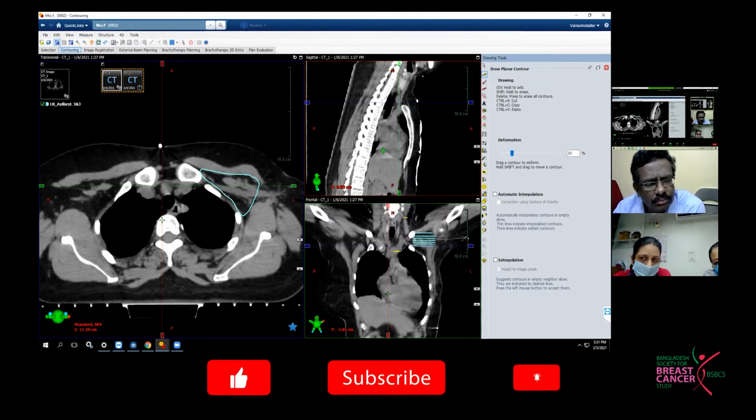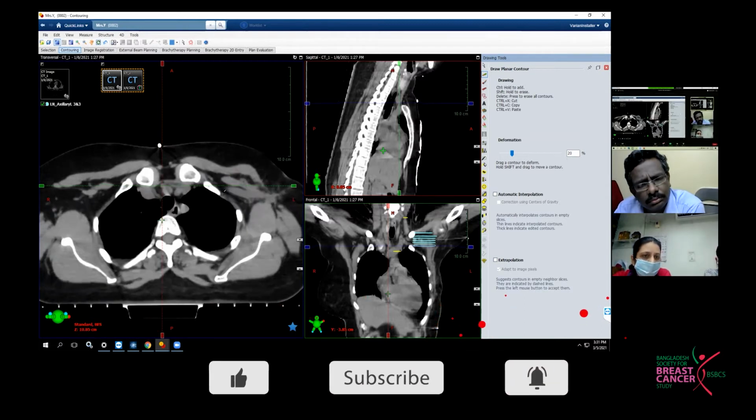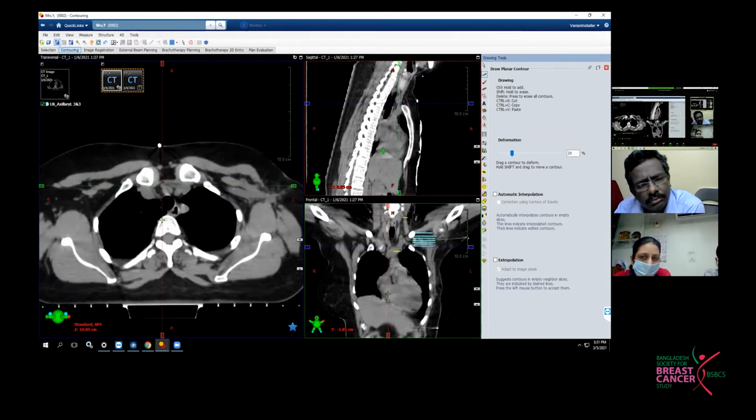So axillary level 3 will stop here, and from here we will start the axillary level 2 lymph node. The superior border is where the axillary vessel crosses the medial edge of the pectoralis minor. So from here it will be axillary level 2.